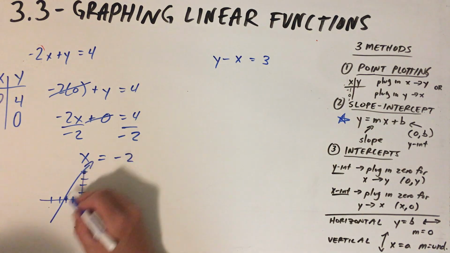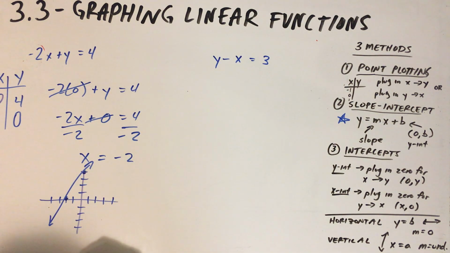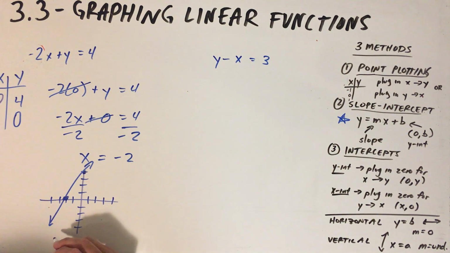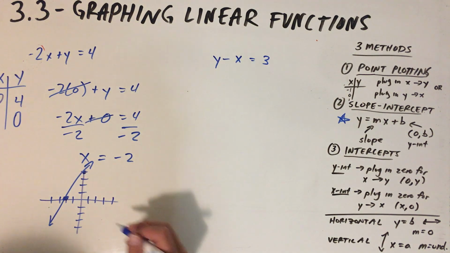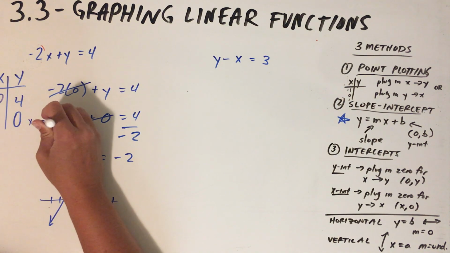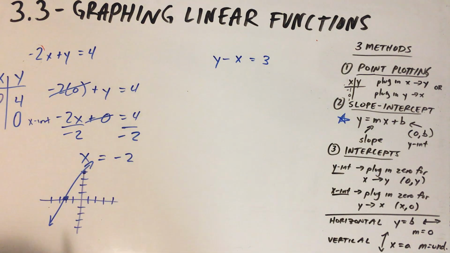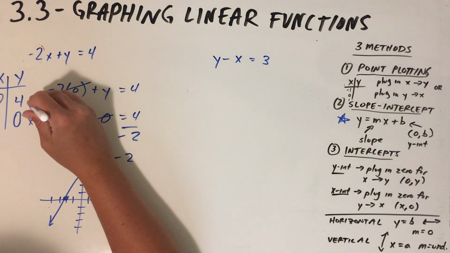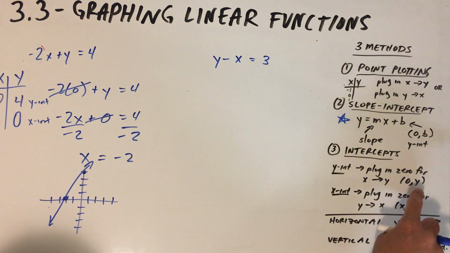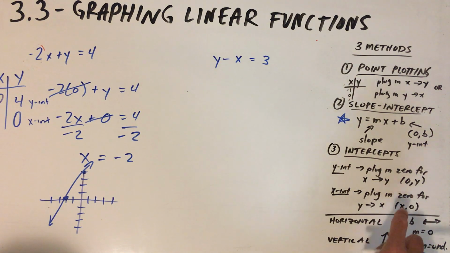So this is what my line looks like. You can see here that this point is the point where we cross the x-axis. That makes this our x-intercept. Okay, and this point here is where the line crosses the y-axis. That makes this our y-intercept. So we have our y-intercept when x is 0 and our x-intercept when y is 0.